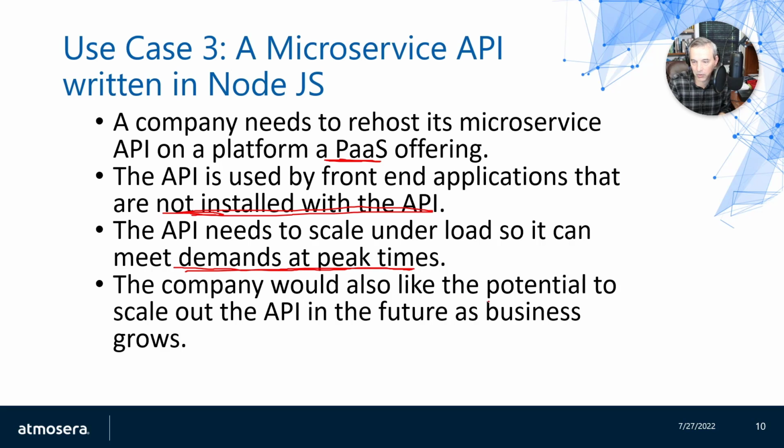And the company would like the potential to scale out the API as the business grows. So basically what they're looking for is the ability to scale out the application as the business grows, but they also want dynamic scale under load.